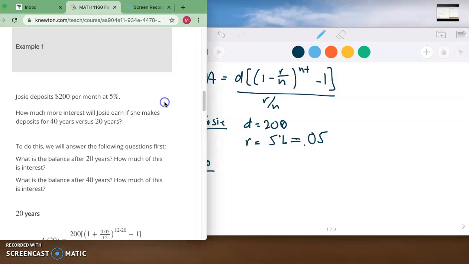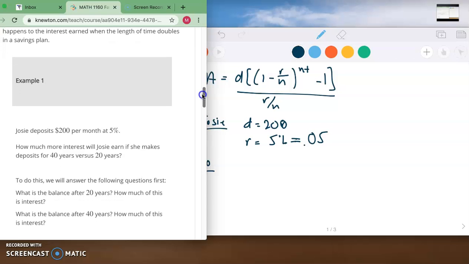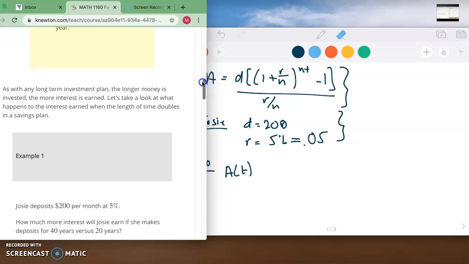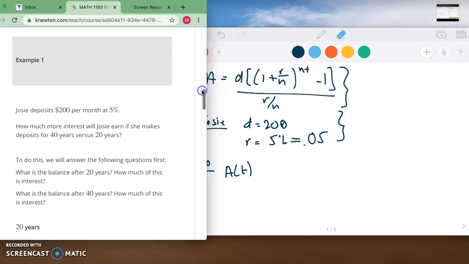Let's go ahead and look at our function. So we've got A of T equals 200 times 1 plus our rate, 0.05 over 12, parentheses, all to the NT.